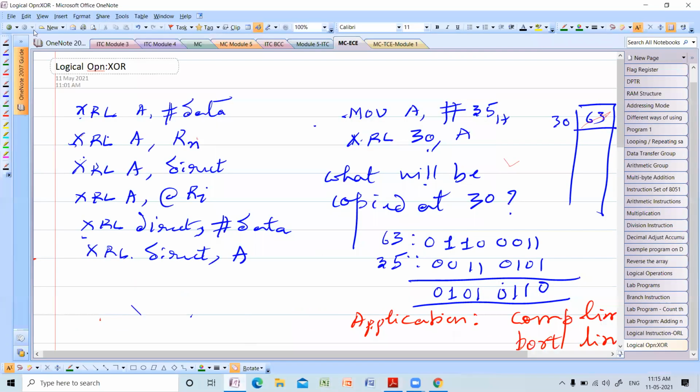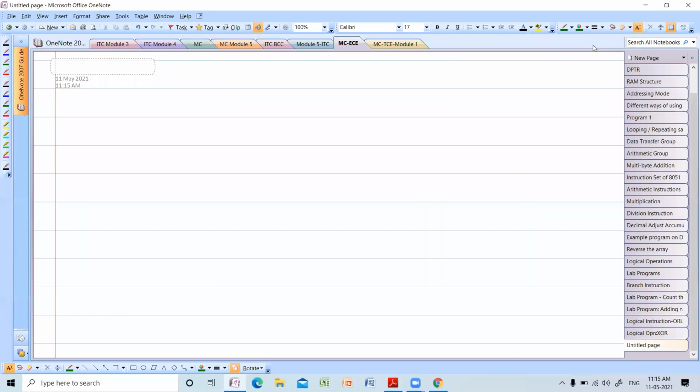CLR A, clear accumulator, and CPL A, complement accumulator. Clear and complement.